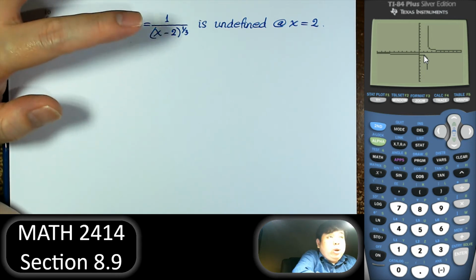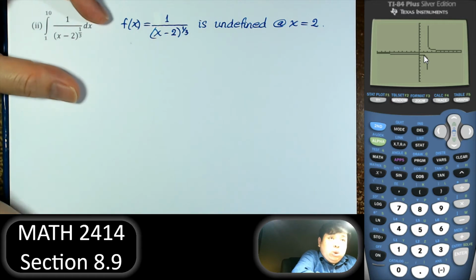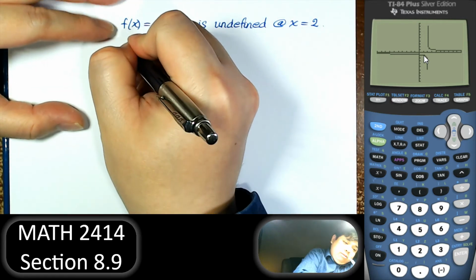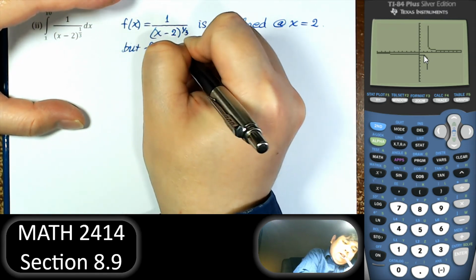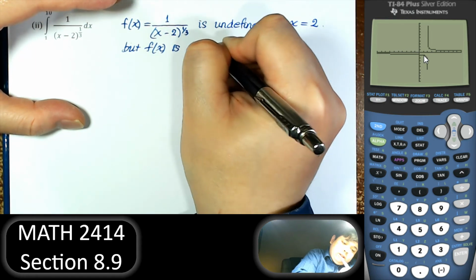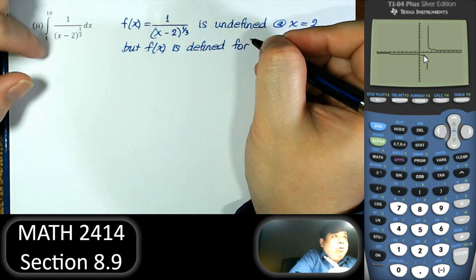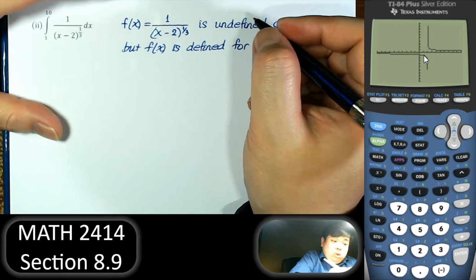So if we put 2 in there, it's undefined, so we have to do something else. It is defined only where we worry about, from 1 to infinity. We don't really worry about negative infinity to infinity.